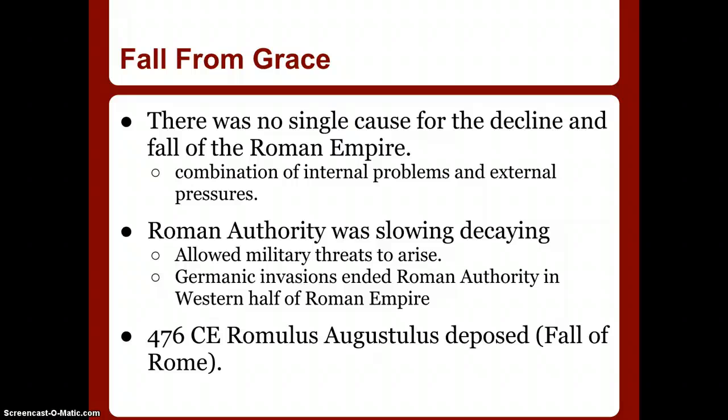And so what does replace the Roman Empire are a lot of Germanic tribes that will eventually invade the empire's territory. We're looking at about 476 CE as when the last Roman emperor in the western portion of the Roman Empire is deposed.